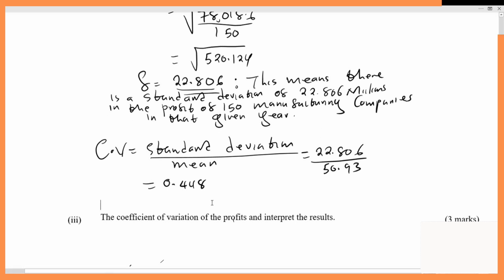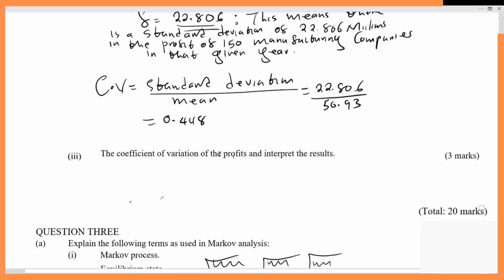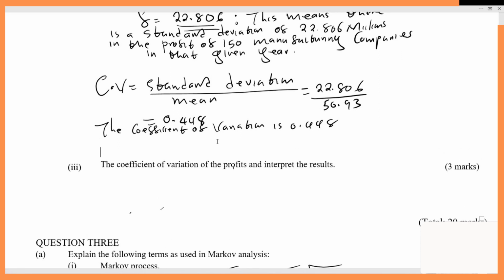It therefore means that the coefficient of variation is 0.448, and the coefficient of variation gives you the variability.